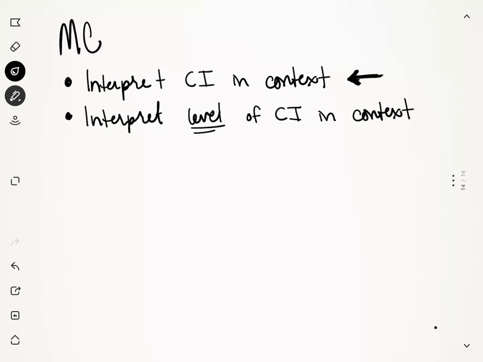That's just an example. So interpreting the interval in context versus the level, I would say in 95% of all possible samples of, say, size 10, will yield an interval that captures the true population parameter. Okay, so there is a difference in those.